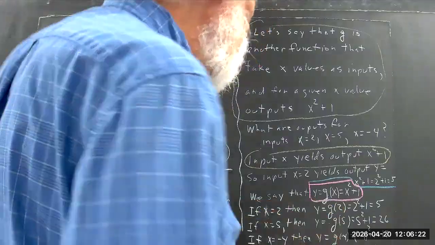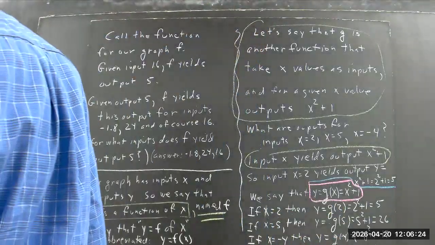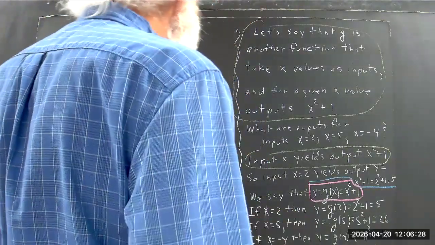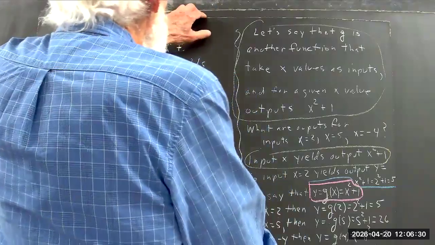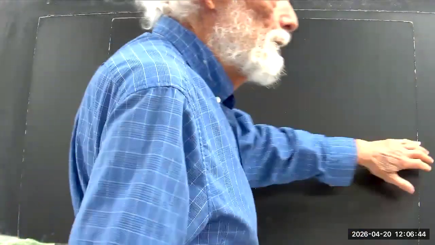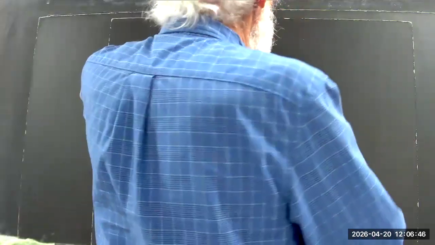So this is the way function notation looks. Now I'm going to make a table from a function.